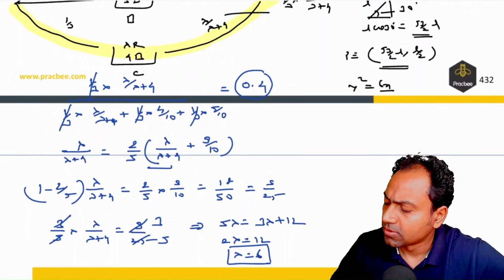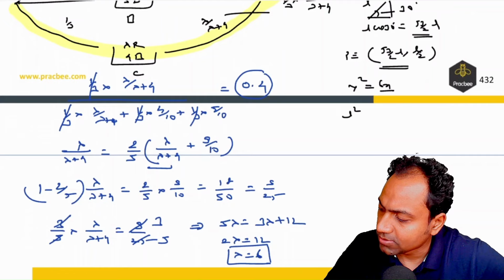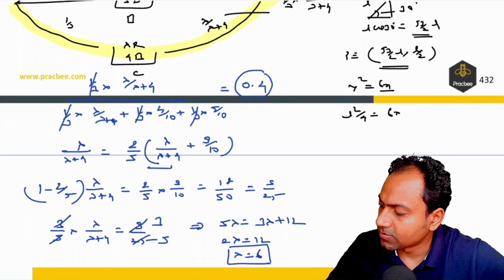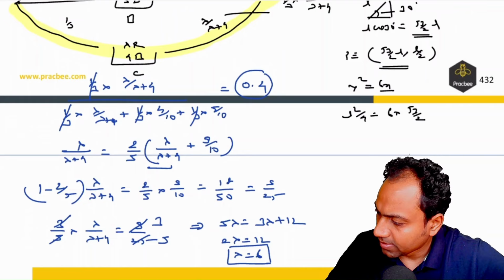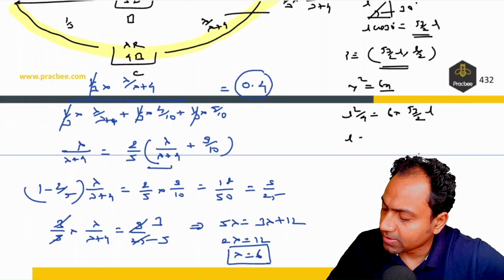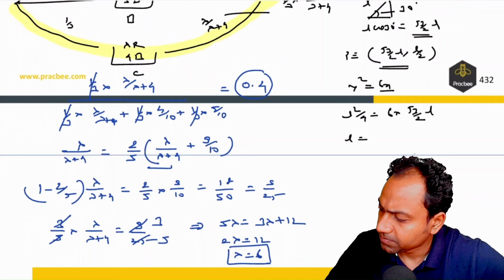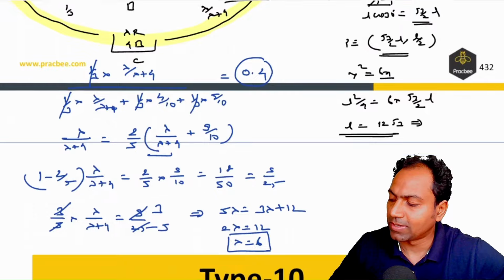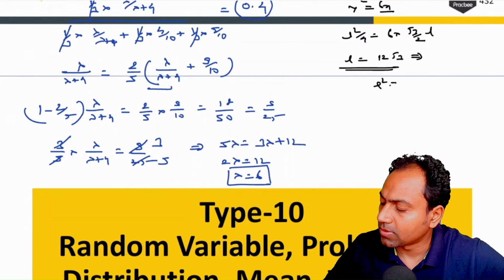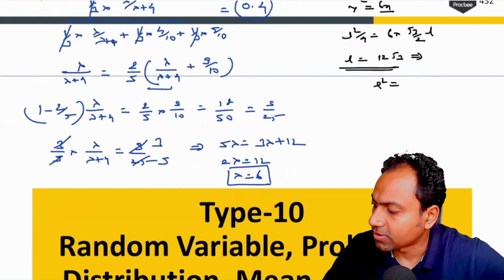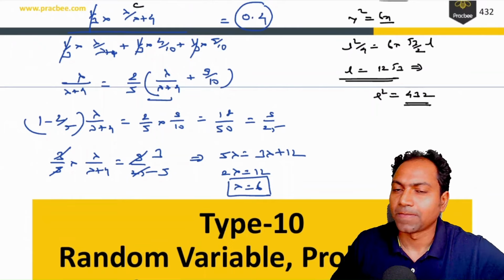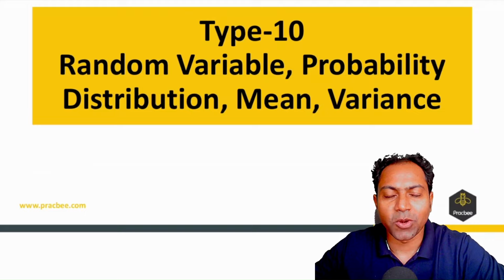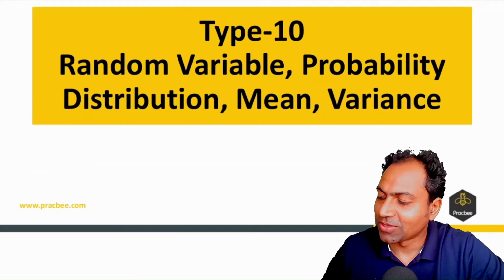So this becomes L square by 4 equals 6 into root 3 by 2 into L, and if I simplify, the value of L comes out to be 12 root 3. What they are asking is the value of L square, which comes out to be 432.